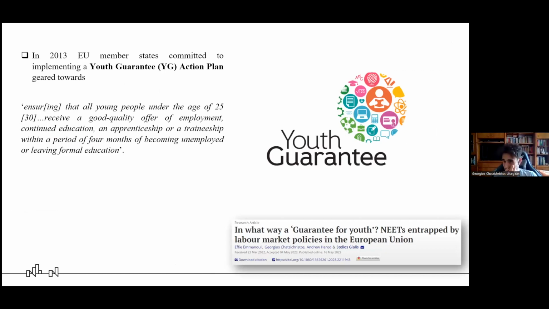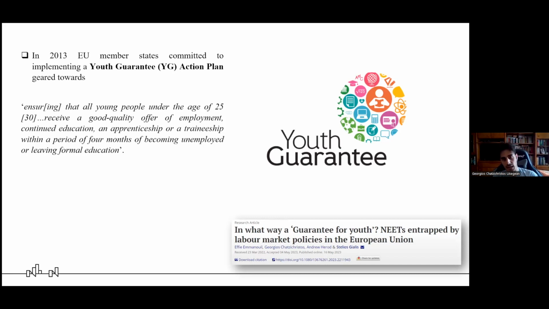So another article that was published from a recent research that we conducted had to do with an evaluation of the Youth Guarantee Emblematic Action Plan. We might have heard of that.